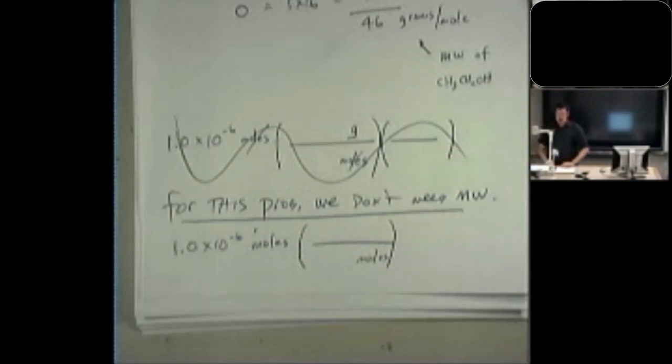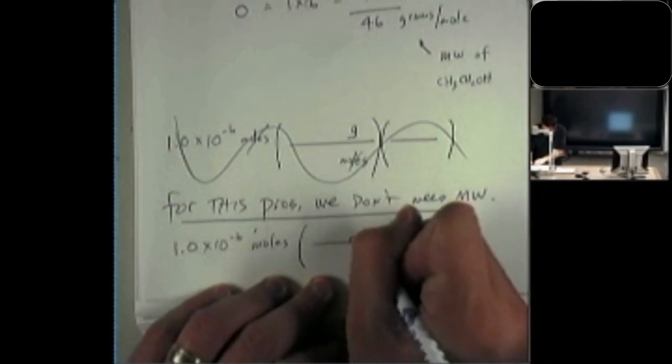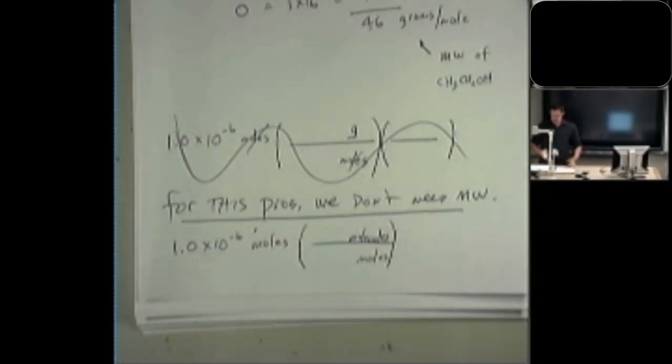Here's how we're actually going to do it. Once again, I'm going to put moles in the basement. I want molecules. Is there a way to relate moles to molecules? Yeah, okay. So can I write molecules on the top? What numbers can I put in there? All right, so I will write 6.022 times 10 to the 23rd on top, and on the bottom I'll write 1.